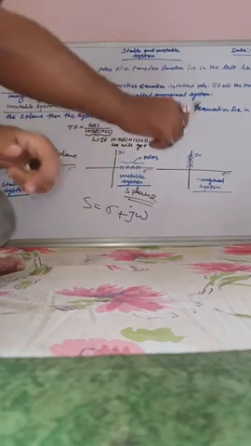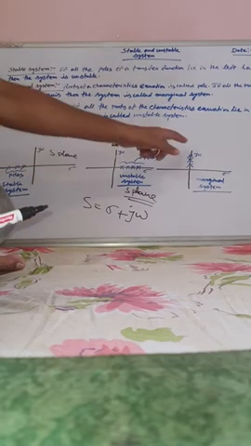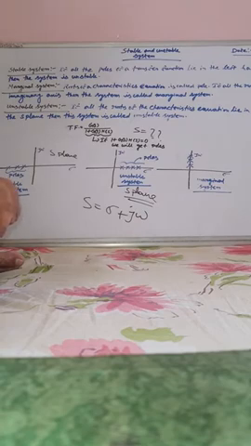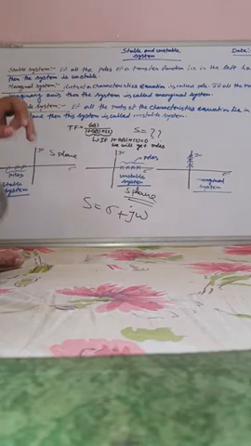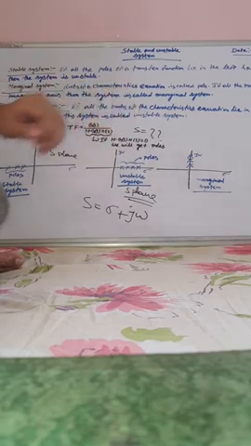And if all the poles lie on the j omega axis or the imaginary axis, then the system is called a marginally stable system. These are the characteristics based on which you can judge the stability of the system.